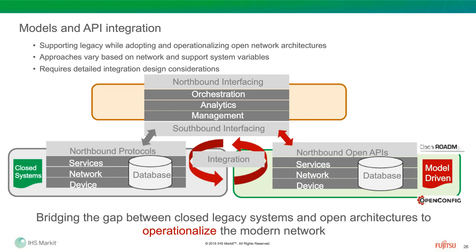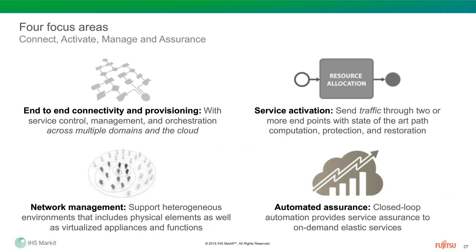Some of the focus areas we need to be mindful of in moving towards these open programmable networks is we still need to maintain our end-to-end connectivity and provisioning concept, service activation, network management, automated assurance, and analytics on the network. So these are some of the pillars to build your open networking and to really focus on.